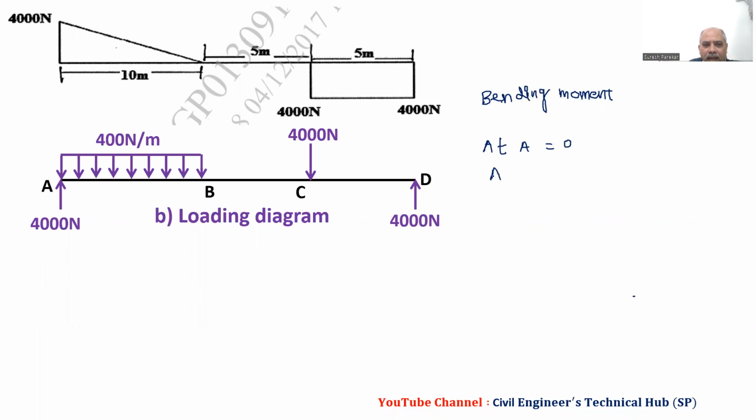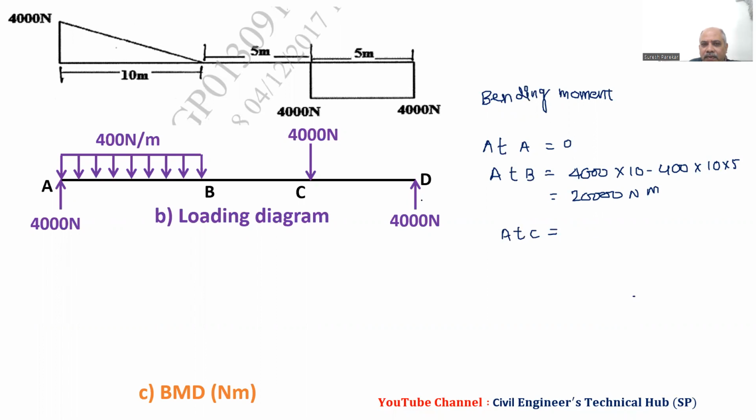Then at B, it will be 4000 into 10 minus 400 into 10 into 5, and then we will have 20,000 Newton meter. Then at C, we can go from the right side, so it comes the same, 20,000 Newton meter. And at D, we have 0.